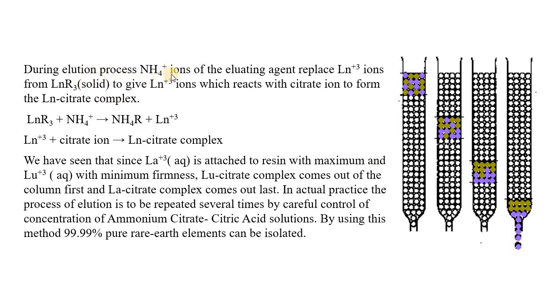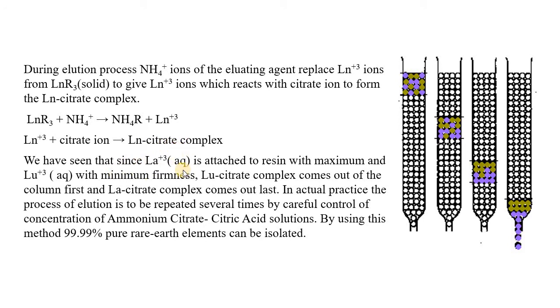During the eluting process, the ammonium ion of the eluting agent replaces lanthanide ions from LnR3 to give lanthanide plus 3 ion, which reacts with citrate ion to form the lanthanide citrate complex. And this lanthanide citrate complex begins to travel downward. Check here, lanthanide plus 3, citrate ion, lanthanide citrate complex.